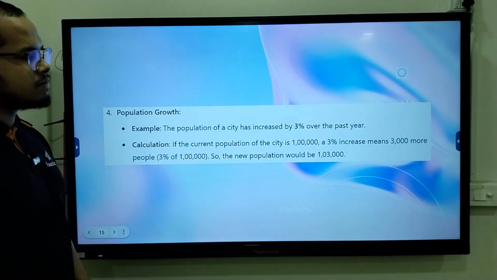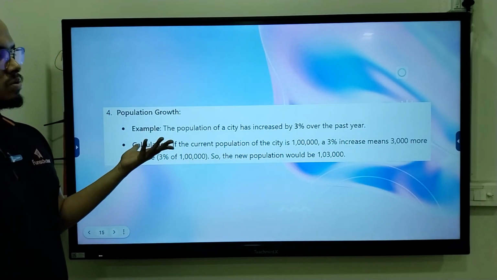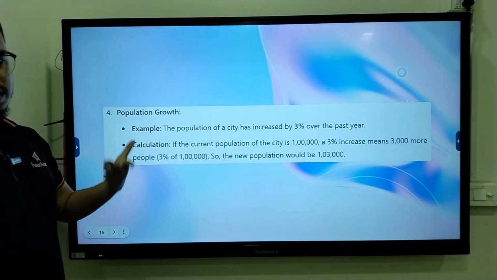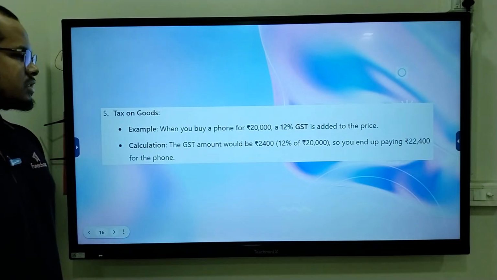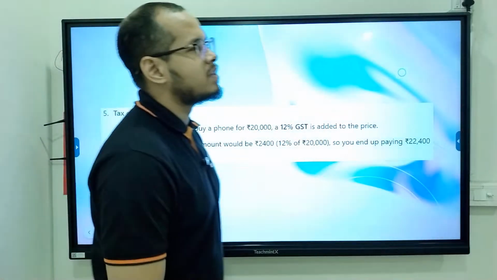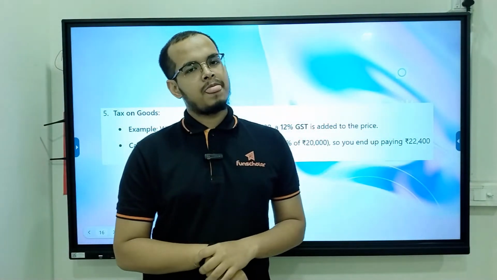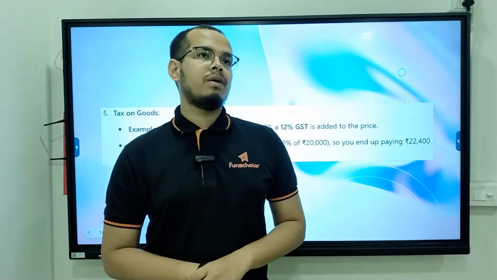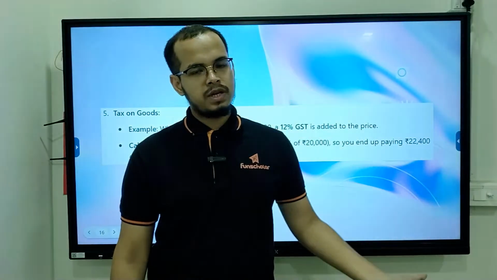Next, now population growth, I've already made you understand this. Increase, decrease, whatever, we can solve it by percentage. Now tax, this is known as GST. The full form of GST is goods and service tax. There is SGST and CGST. SGST is state goods and service tax.